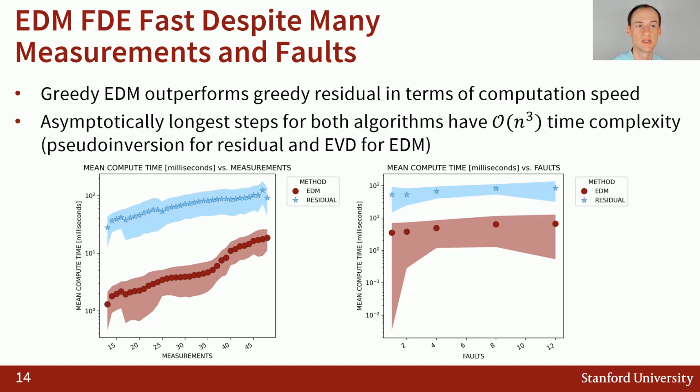However, in implementation we see that Euclidean distance matrix fault detection and exclusion drastically outperforms. And this may be due to the decreased load, special properties of this eigenvalue decomposition, and the fact that it is symmetric and positive semi-definite.